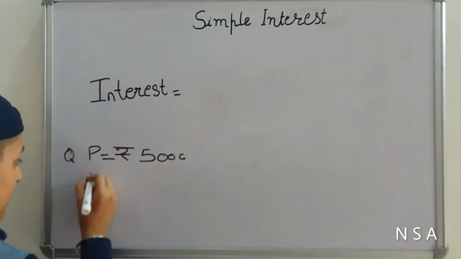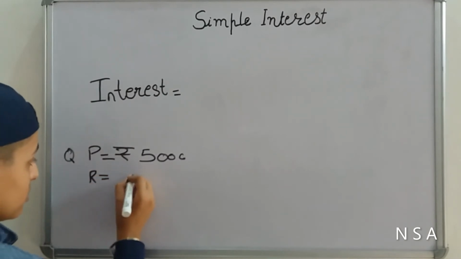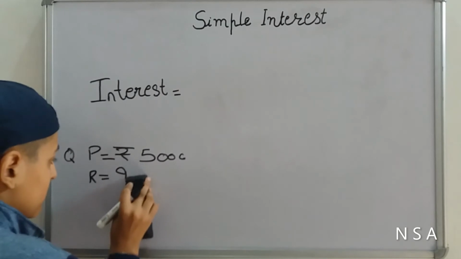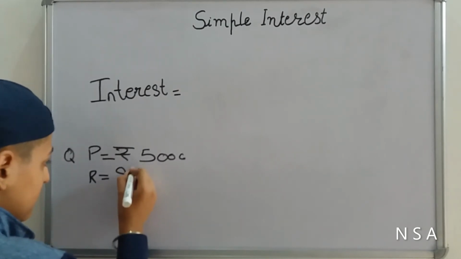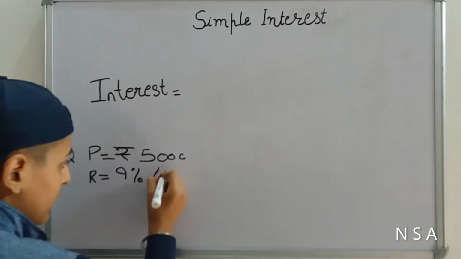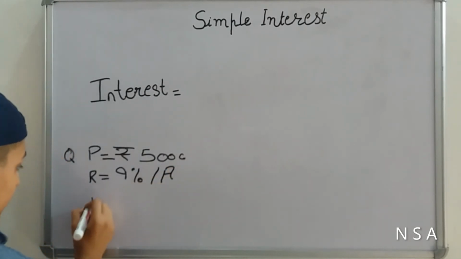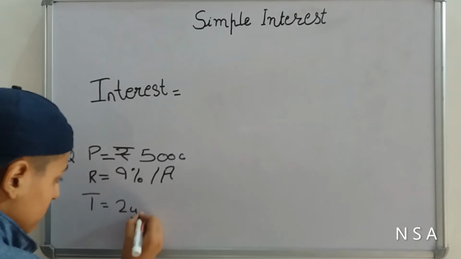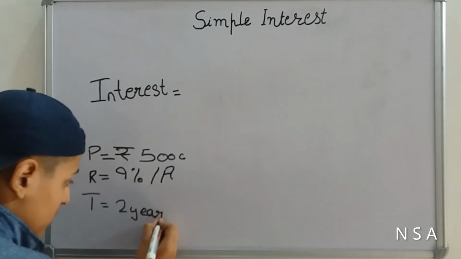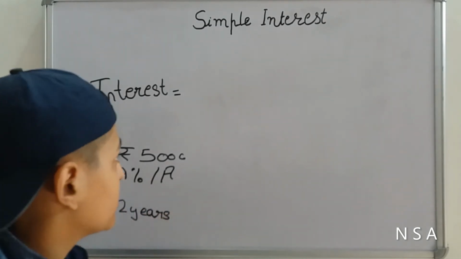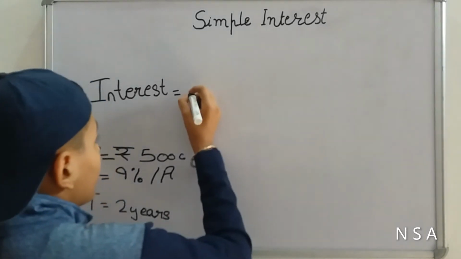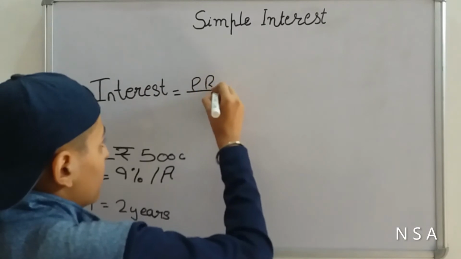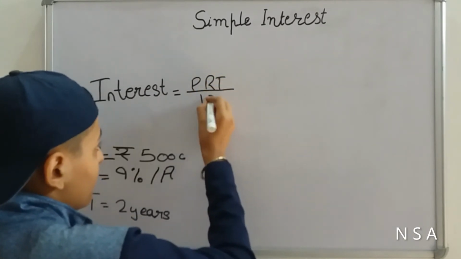Rate equals 9% per annum. And time equals 2 years. And the formula of interest was PRT by 100.